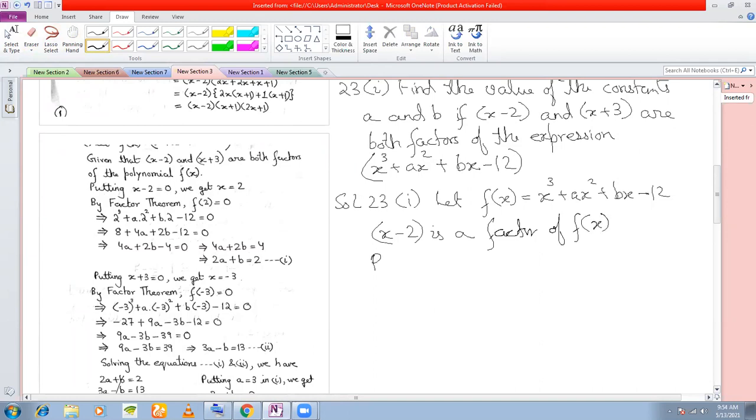So what do you do? Putting x minus 2 equal to 0, we get x equal to 2. Therefore, f(2) must be equal to 0. This is by the factor theorem.